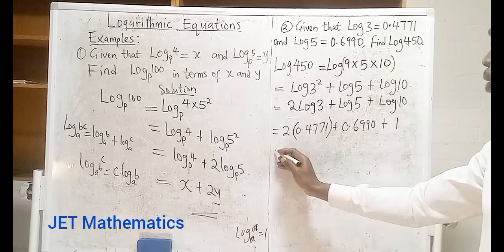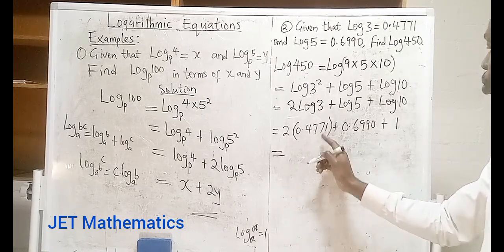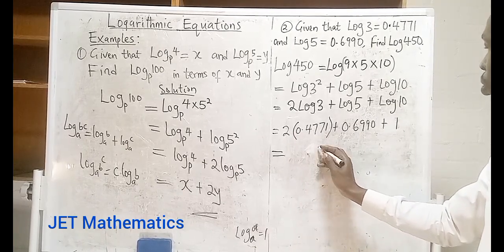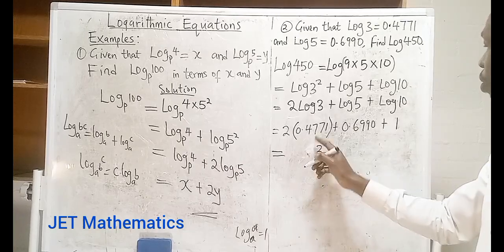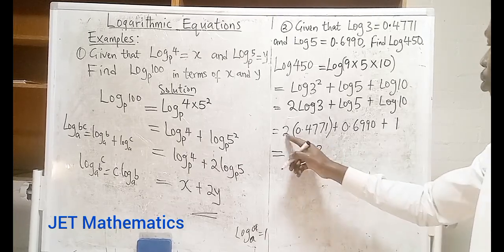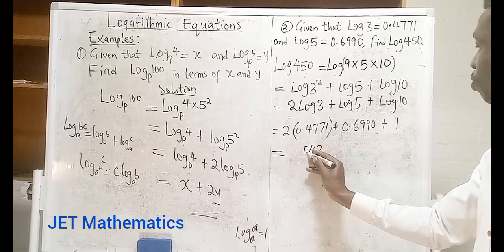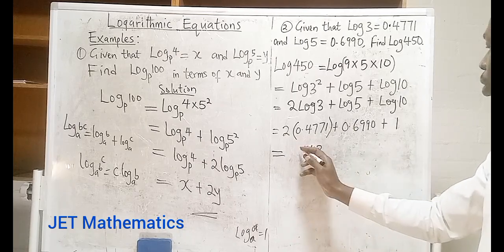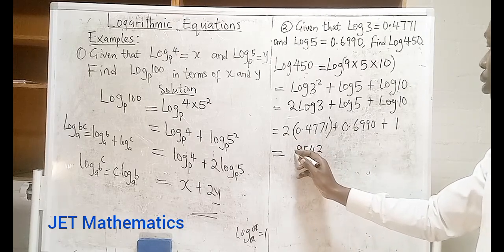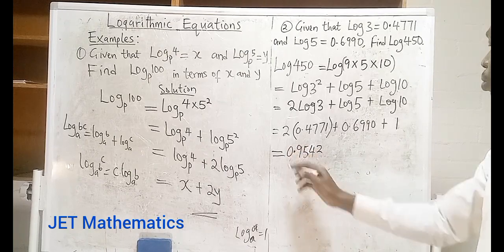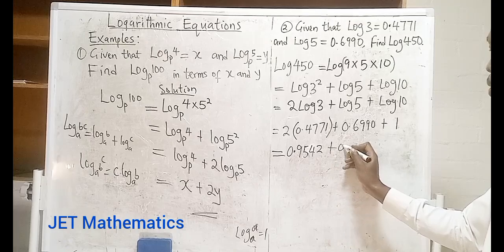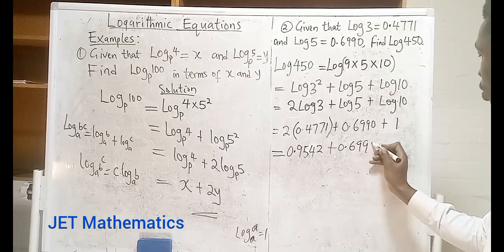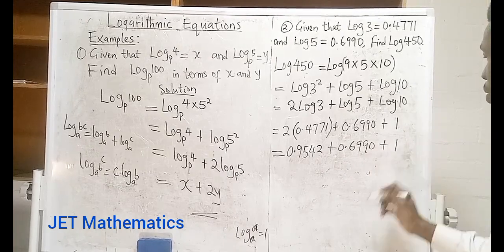So we multiply: 2 times 0.4771 gives 0.9542. Then plus 0.6990, then plus 1.